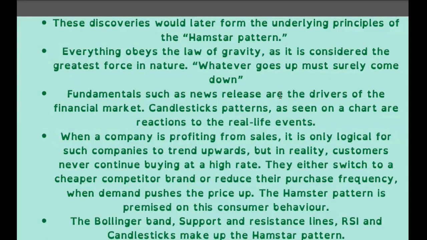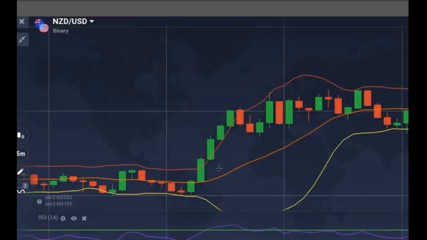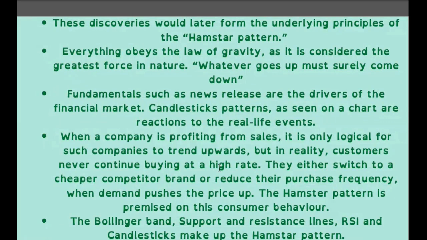Fundamentals such as news releases are the drivers of the financial markets. Candlestick patterns as seen on the chart are reactions to real life events. When a company is profiting from sales, it is only logical for such a company to trend upwards. But in reality, customers never continue buying at a high rate.